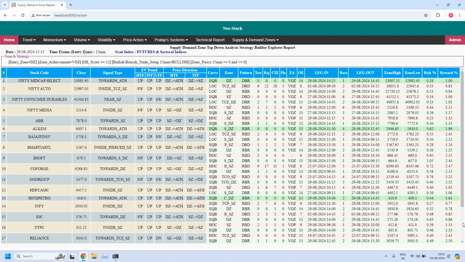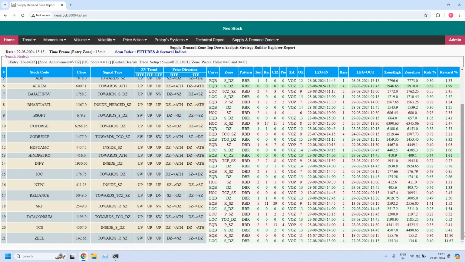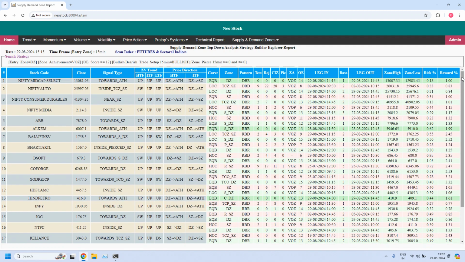So good number of stocks currently supporting bullish trade setup for daily income trade. Oh, even Reliance is also part of supporting bullish trade setup. Okay, so I am scrolling the list down. So 21 stocks are filtered. NIFTY mid-cap select indices is also supporting. Okay, fine.